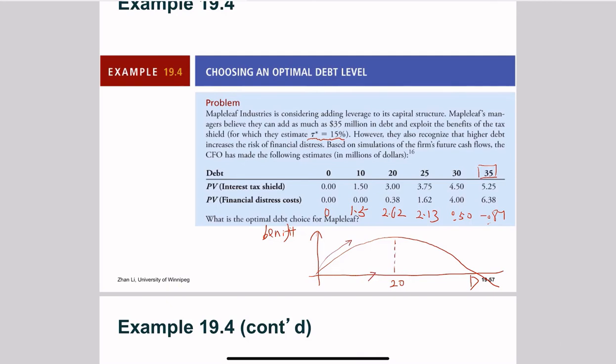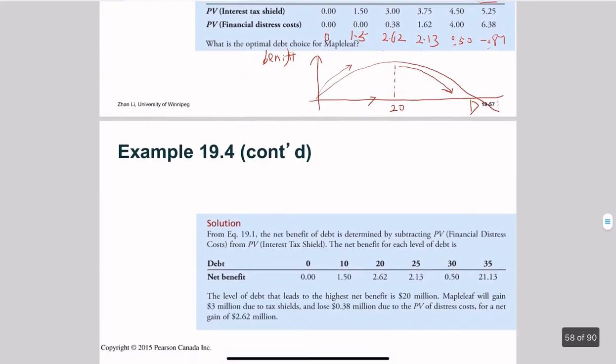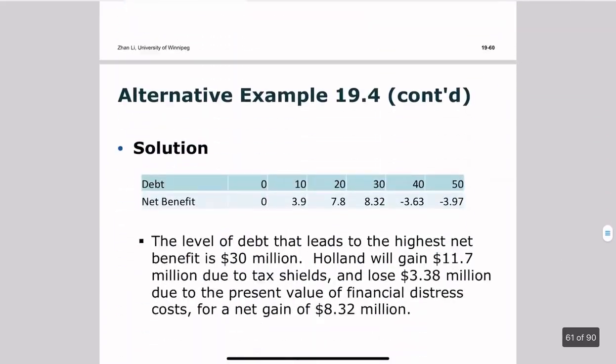So we go from 0 to 1.5 to 2.62. And after this optimal level, if you continue to increase your debt, then the benefit would actually decrease, right? So you can see that we go from 2.62 to 2.13, 2.5, and then we would actually get a negative number here. So this is really a curve similar to this, right? So we get this concave curve. Okay.